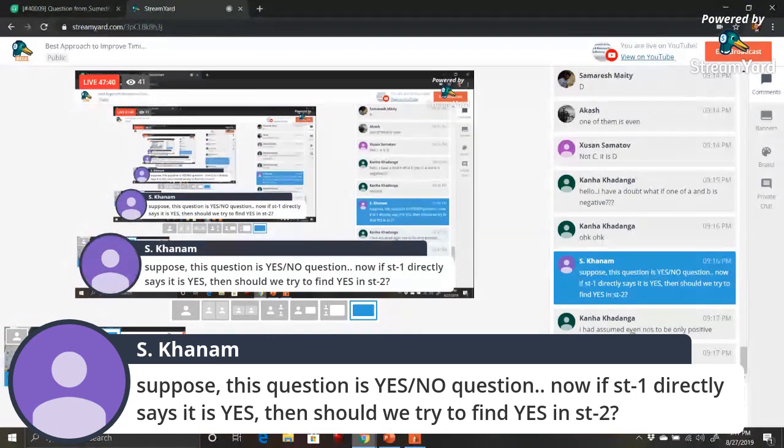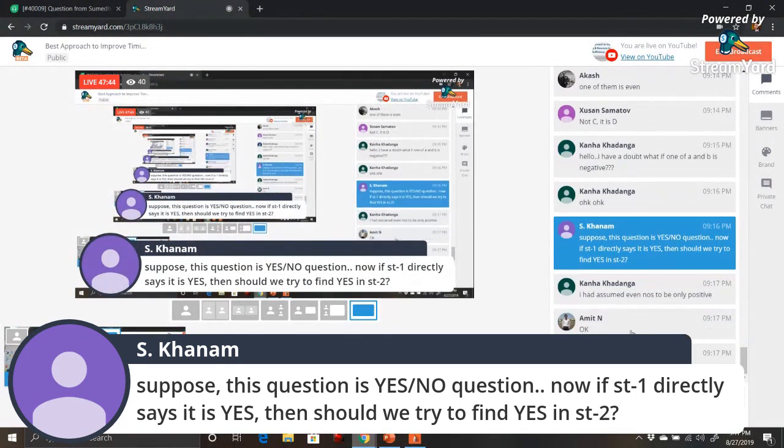The two statements are like additional pieces of data that you'll have to utilize to check whether that data is sufficient to solve or not. When you work with the first statement separately and the second statement separately, you don't need to get influenced by the first when you go to the second. So if the first statement gives you a yes, the second statement can give you a yes or a no. You have to look at them individually, don't combine them at this point.